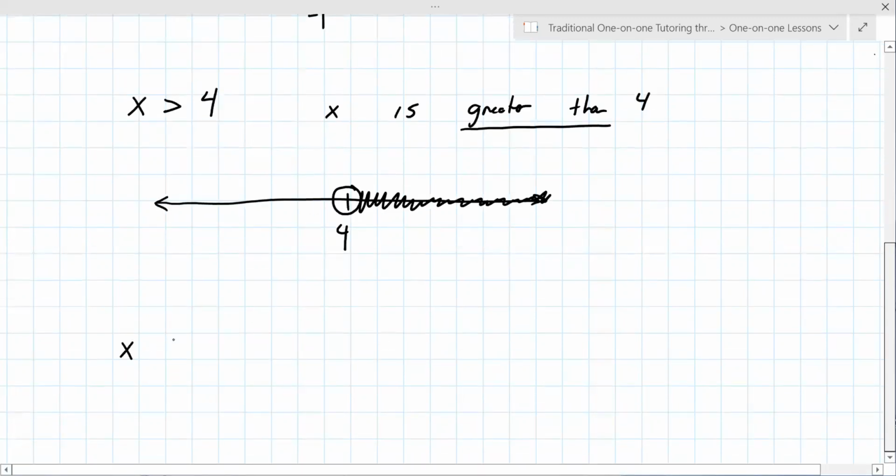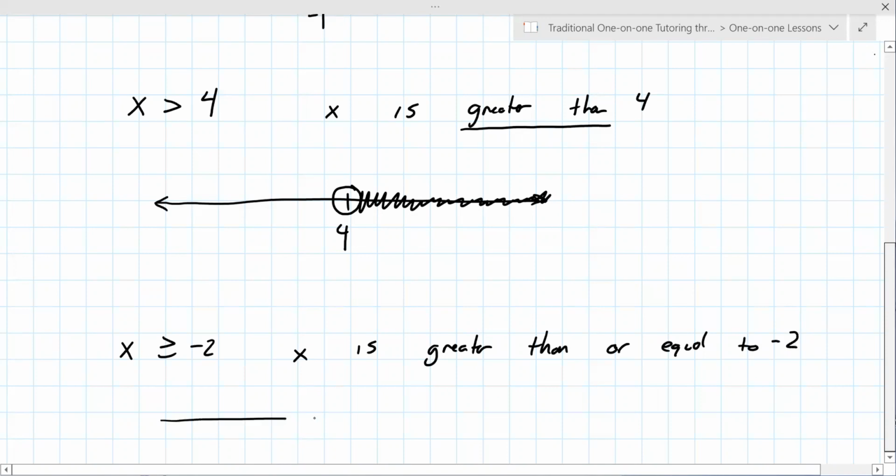And then the last one here, we'll do something like x greater than or equal to -2. X is greater than or equal to -2. Again, in terms of your number line, you go to wherever -2 is, you fill in that bubble, and then you shade everything to the right of it.